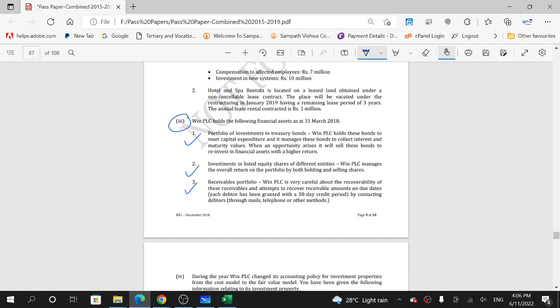Okay, so there you can write: the business model is to collect contractual cash flows and also selling them.